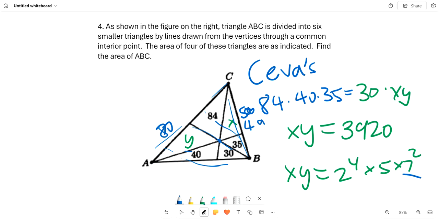And so that means that if we have 70 and 56 on the other hand, we find that this is 140 to 175, which is 20 to 25, which is 4 to 5. And these two are also 4 to 5, I believe.